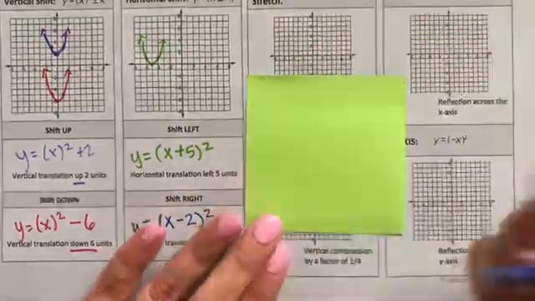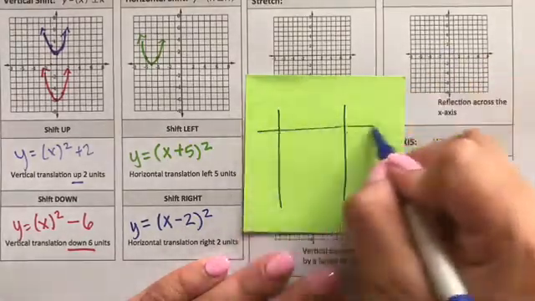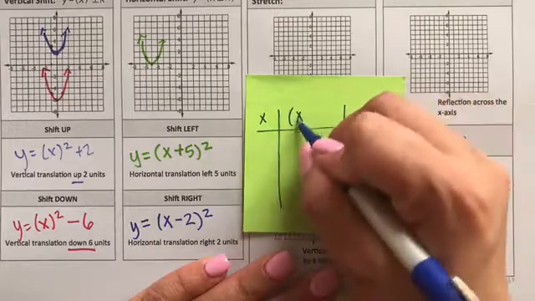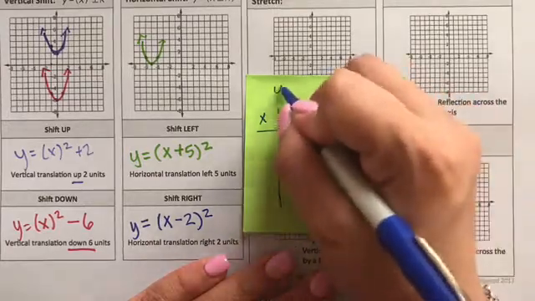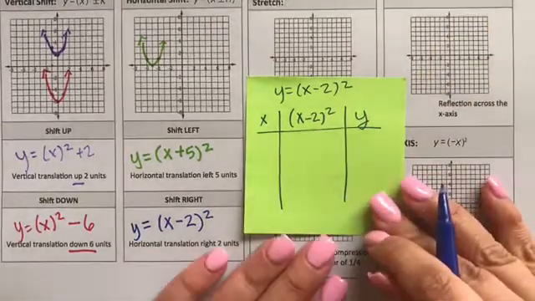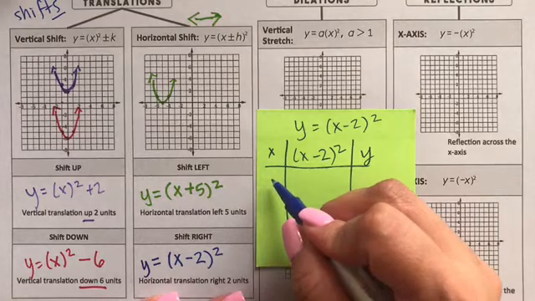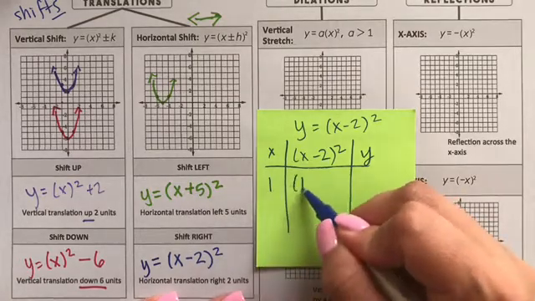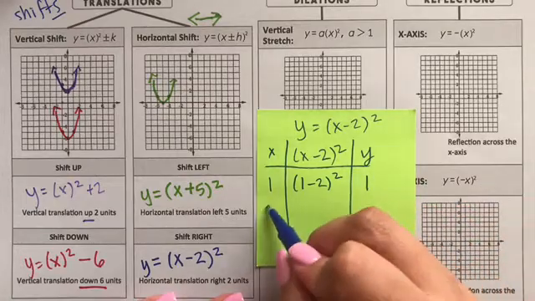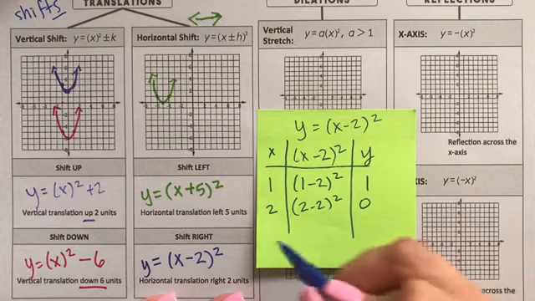Let's set this up so that we can graph this. We're going to use 1, so (1 minus 2) squared is (-1) squared, which equals 1. 2: (2 minus 2) squared is 0.